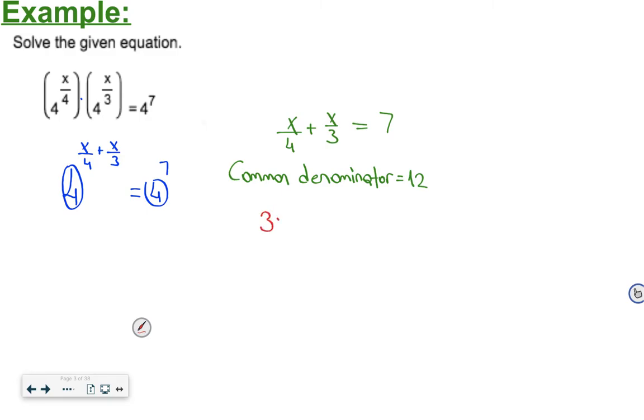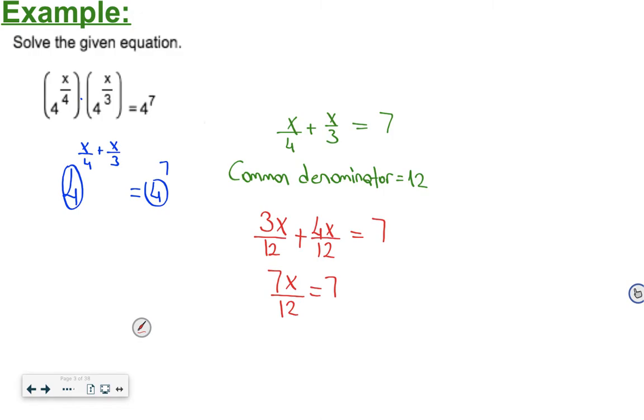So it's going to be 3x over 12. To make the second fraction's denominator 12, you need to expand the second fraction by 4. Then you will get 4x over 12, which is equal to 7. Because the denominators are equal, you can add them up. 7x over 12 will be equal to 7.